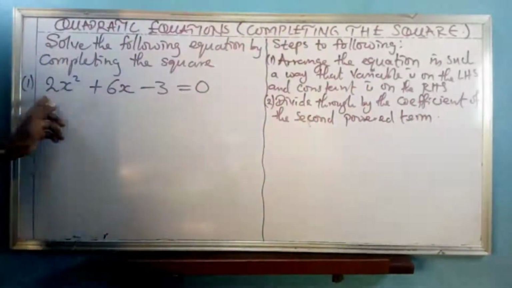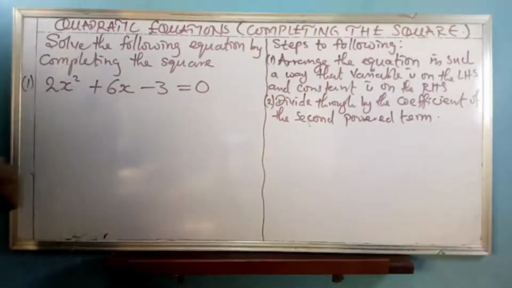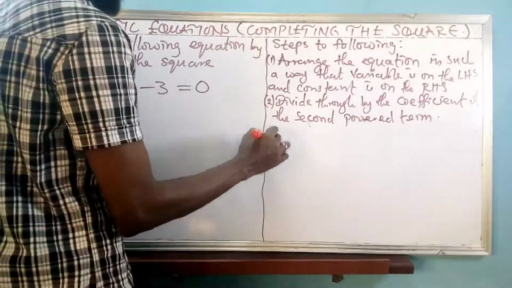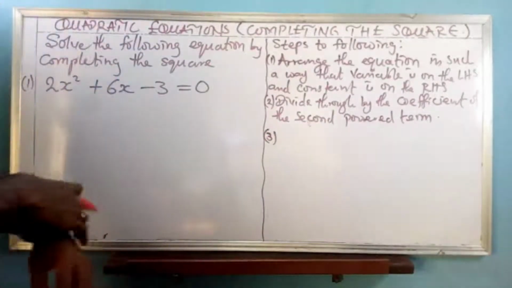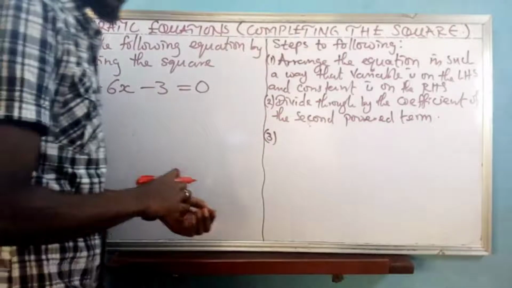So the one that carries the square, you have to divide through by the coefficient that you have there. Step 3. Follow it through one at a time, so it will assist us a lot.